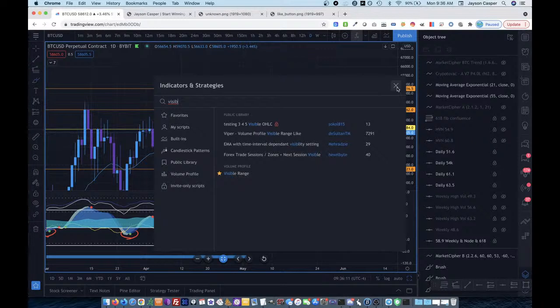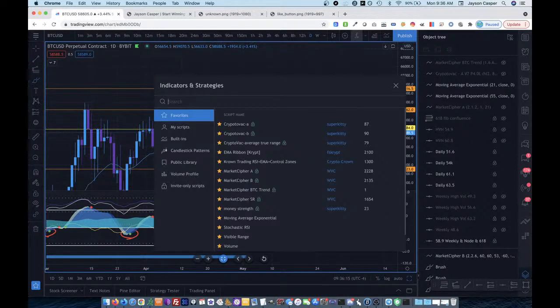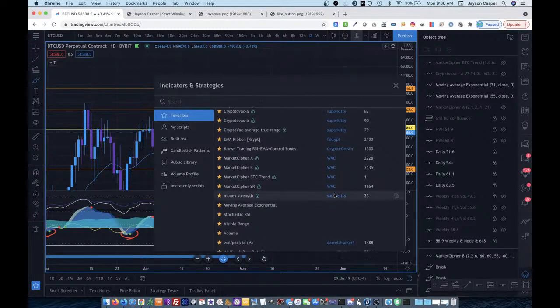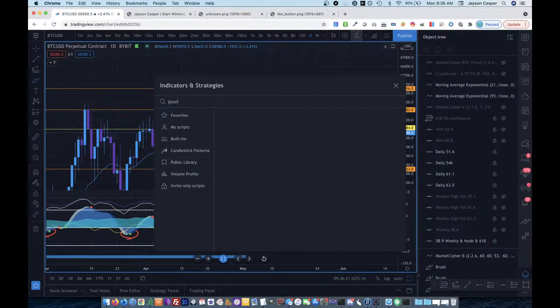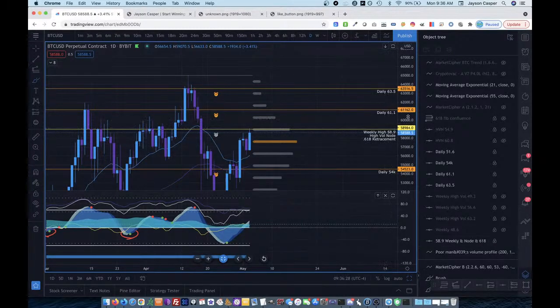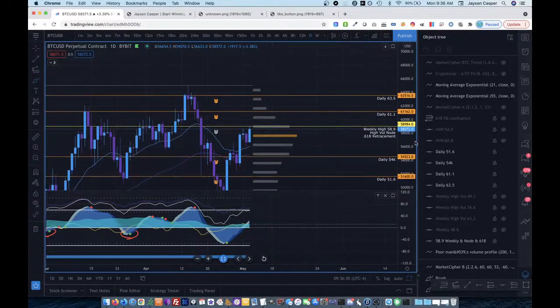It's definitely available in the paid ones, but if you don't have the paid one, you can type in, it's called like poor man's volume profile, I think, which will also give you levels of volume as well.